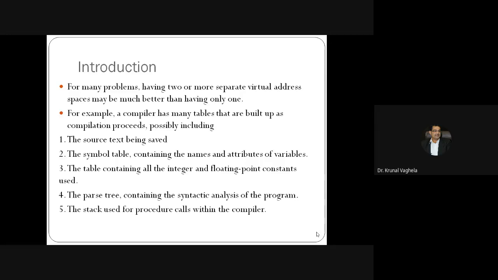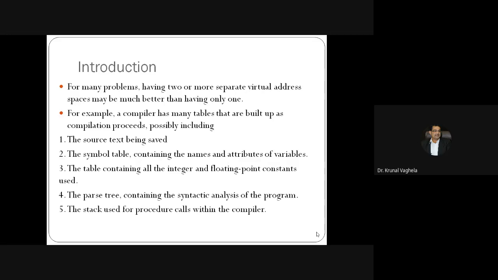Second, the symbol table, one separate table containing the names and attributes of the variables. So for all the variables that you have used in your program, a symbol table will contain the name and attributes of that variable. This is number 2.